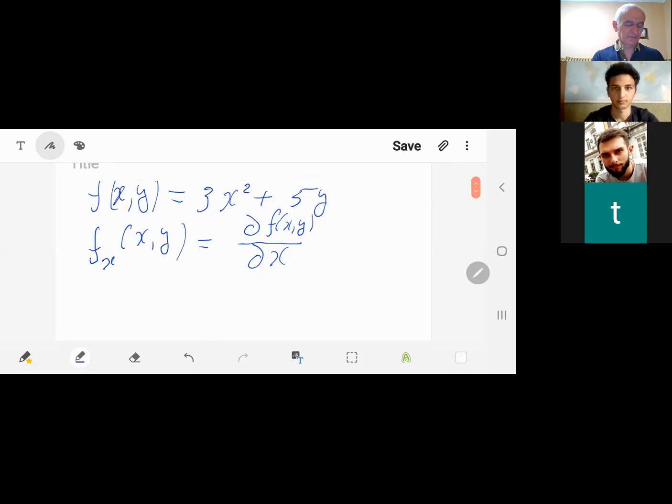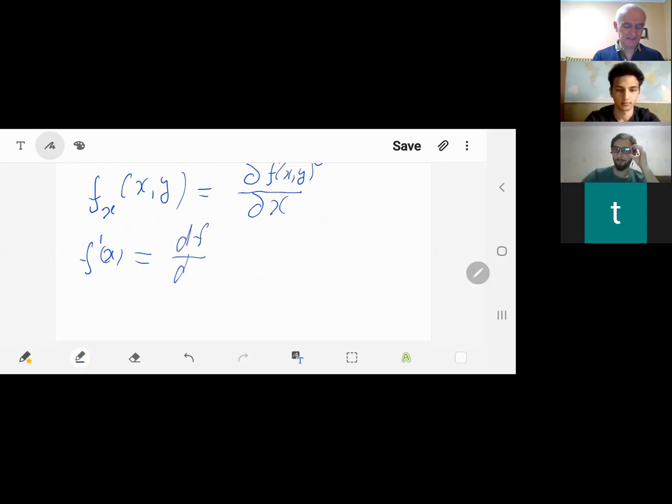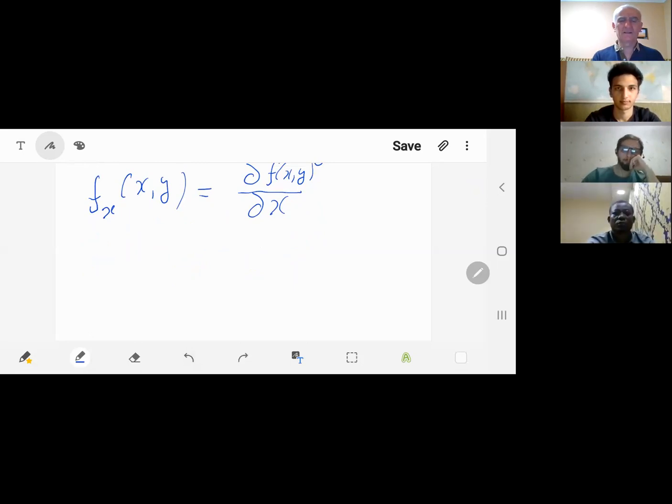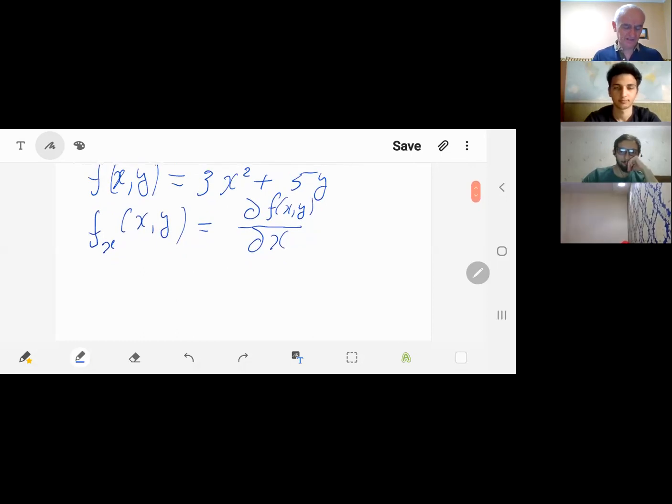You remember, in case of single variable derivative, we denote it as f prime x, or it's the same as df/dx. This d, what we will use in case of two variable, looks different, like this. So we can use both the notations, and now how to find.